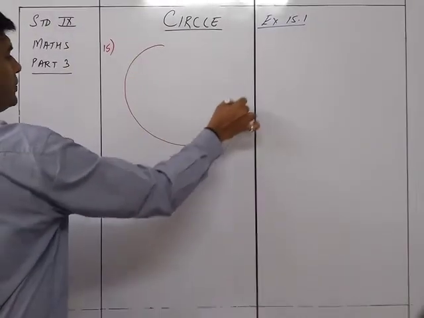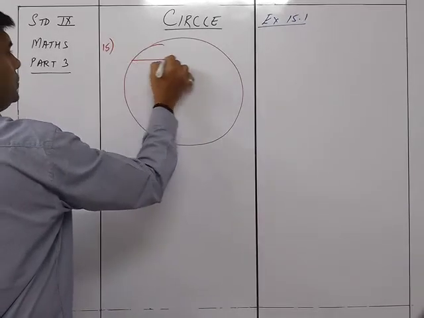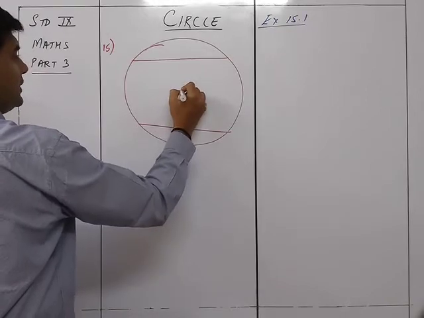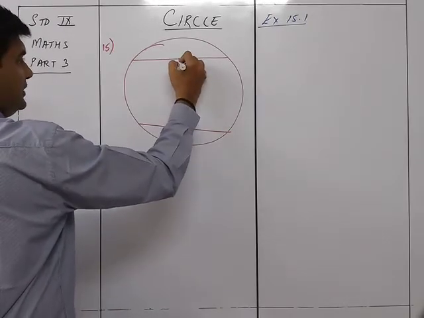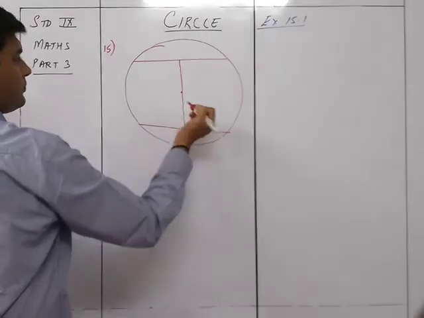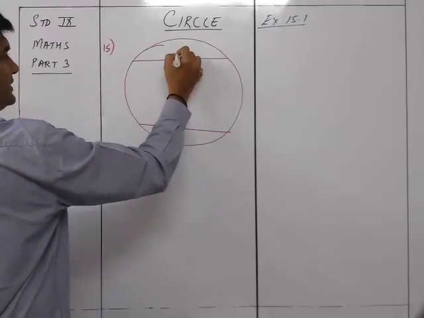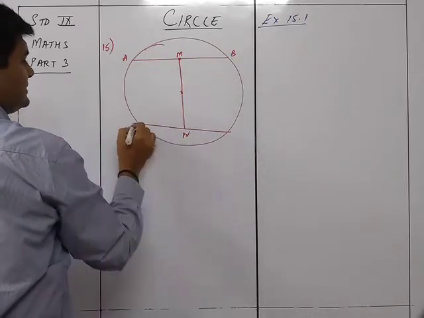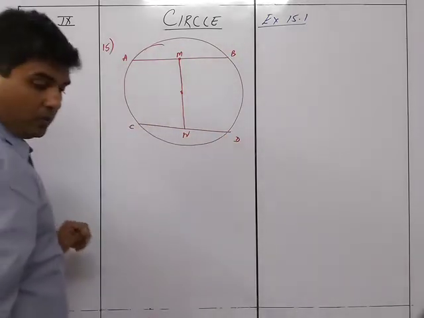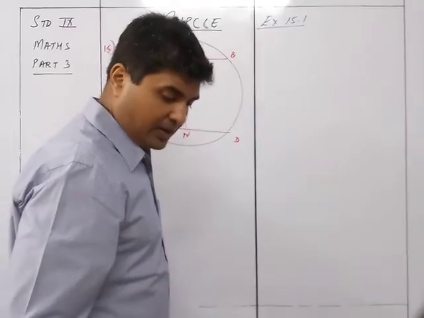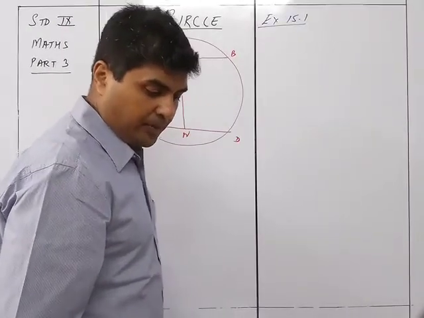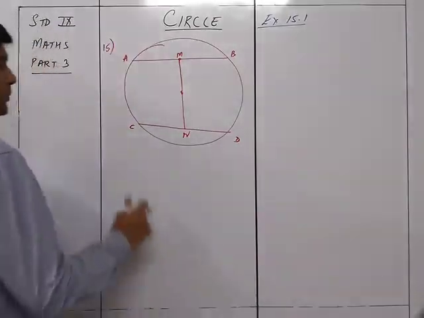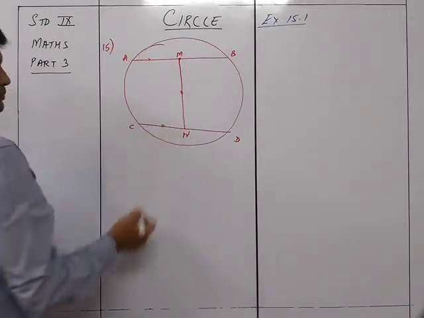You are going to draw a circle with two chords like this, and you are told that the line joining the midpoints of the two chords, M and N, passes through the center. Here we have A, B, C, D. You need to prove that this is parallel to this.